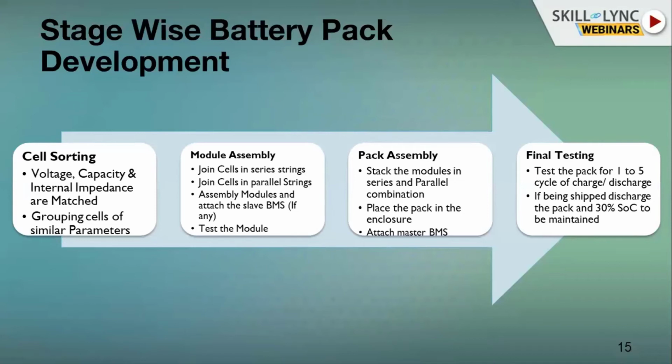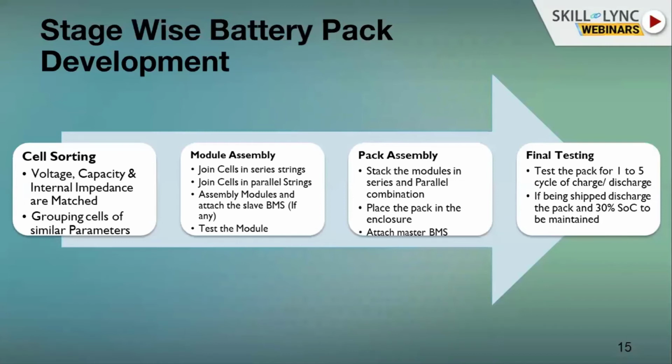When we sort cells, they are sorted depending upon their internal impedance or internal resistance. Usually in cylindrical cells or any of the cells, all the cells of similar internal resistance are grouped together, with a tolerance factor which we put in. For example, if we put a tolerance factor of 1 milliohm, all the cells in that range of 1 milliohm are sorted together and put in a bin.